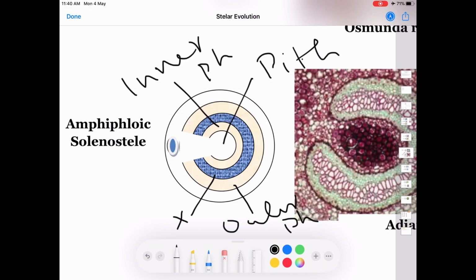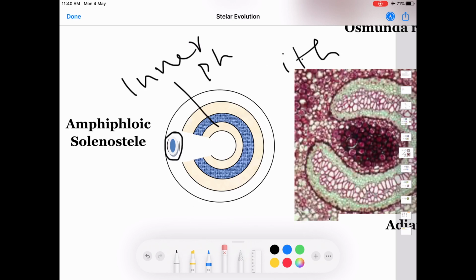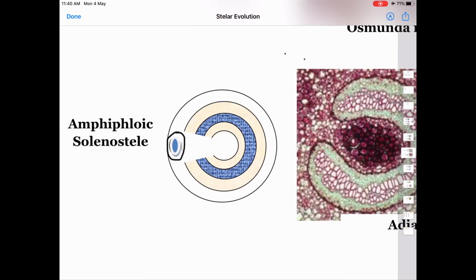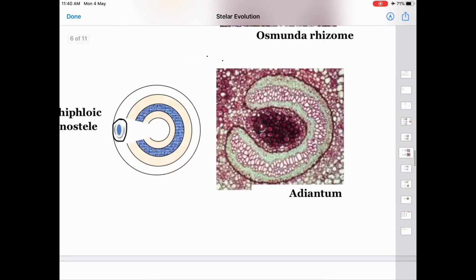This is also having a leaf trace and a leaf gap. This type of arrangement is known as amphiphloic solenostele, and it is commonly seen in Adiantum.